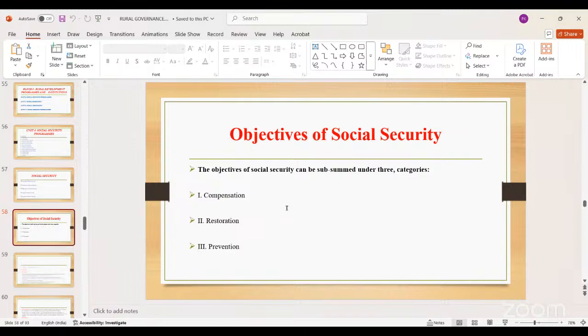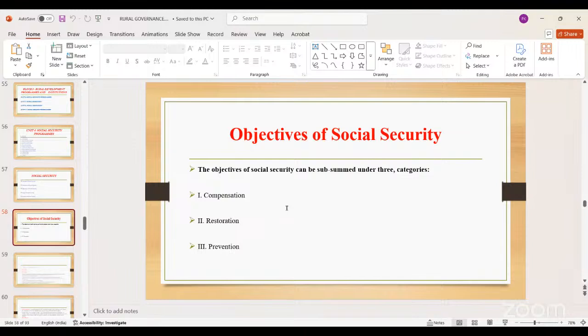So this compensation actually means it is a type of income security during a spell of risk, because the individual and their family should not be subjected to a double burden. On the one hand there is destitution and loss of life which we witnessed during the COVID pandemic, and on the other front, that is the work front, there will be a reduction of their income also, which can again lead to a reduction in permanent or temporary earning capacity of affected employees.